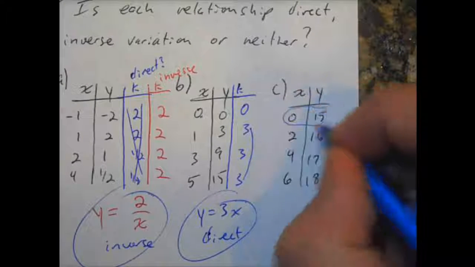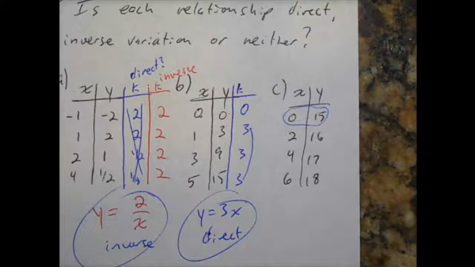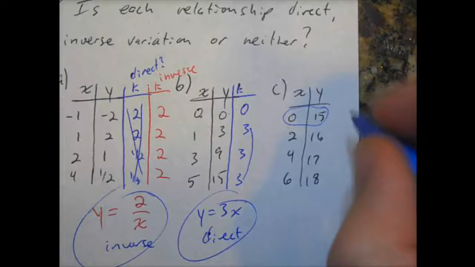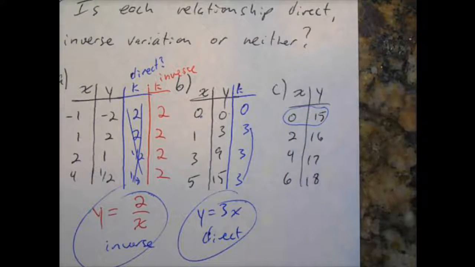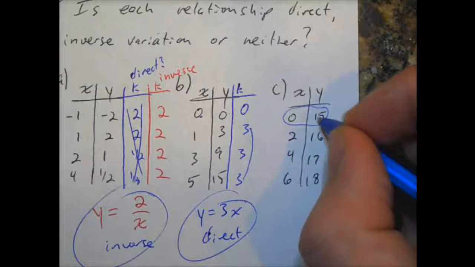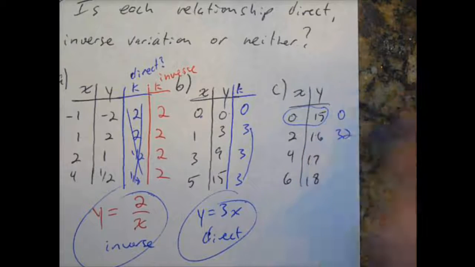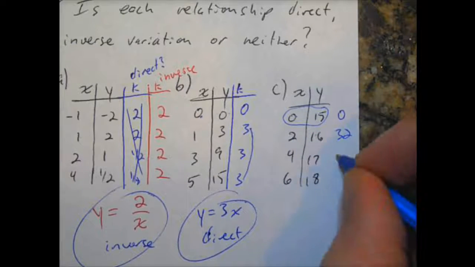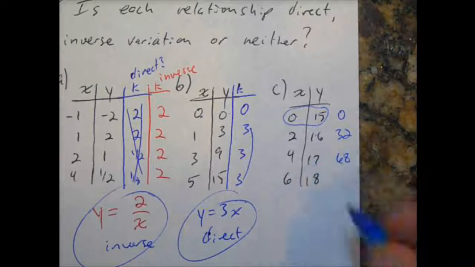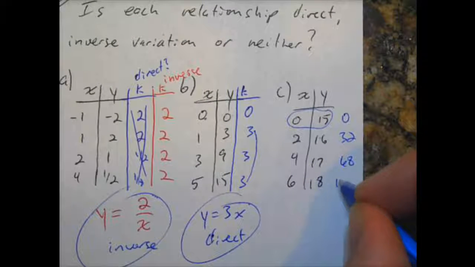Notice this has a y-intercept. So to get any equation, we'd have 15 divided by 0, so we know it's not direct. We have 0 times 15 is 0, that's inverse. 2 times 16 is 32. It's checking for inverse. 4 times 17 is 68. 6 times 18 is a bigger number, it's 108.